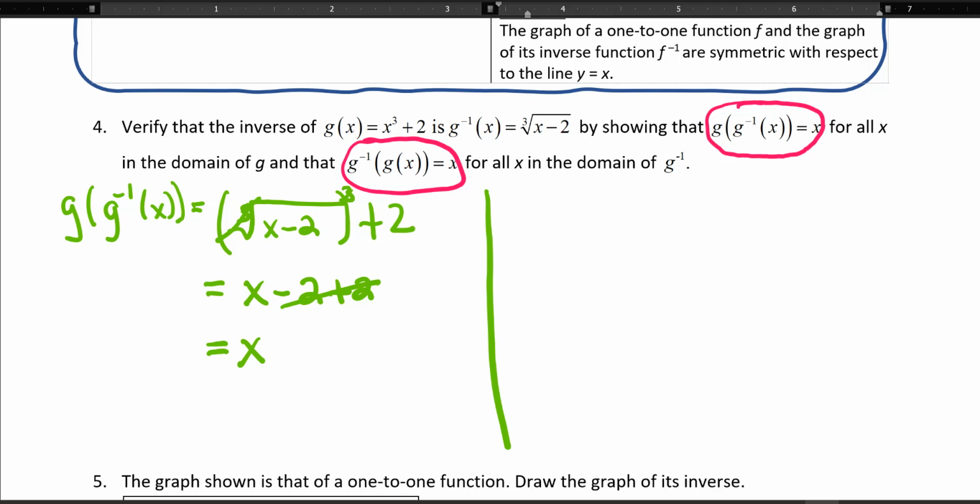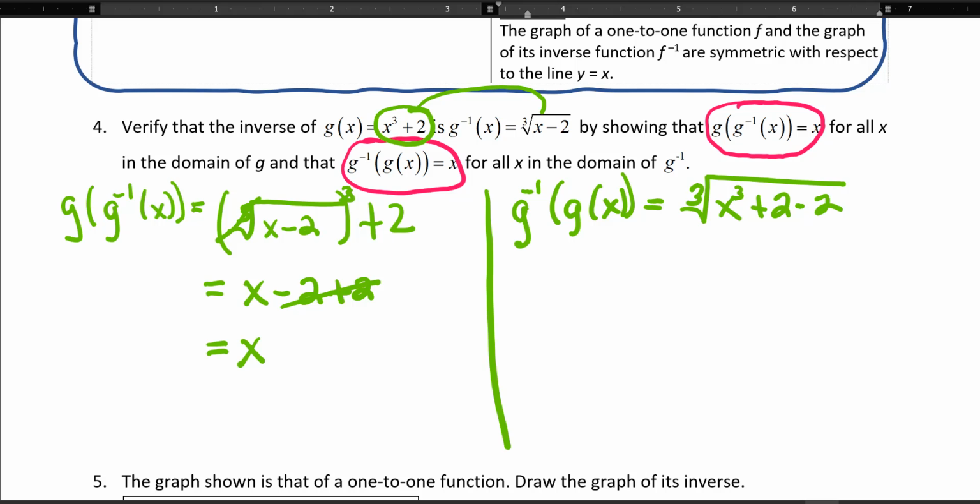We are going to work the opposite way. g inverse of g of x, let me say that over again, equals... Now this time, working with the innermost function first, our g of x function, we're going to substitute x cubed plus 2 into the other function for x. So we have the cube root of x cubed plus 2 minus 2.